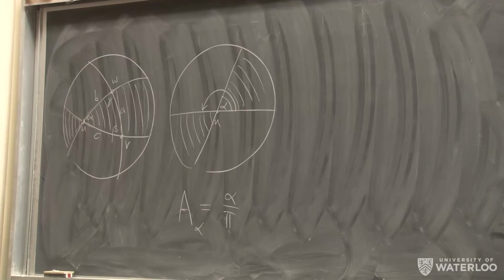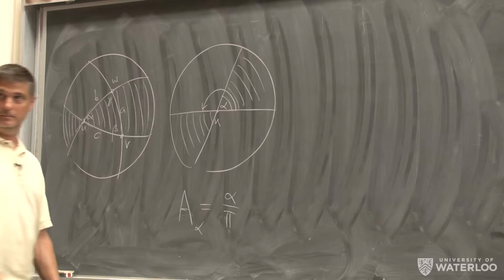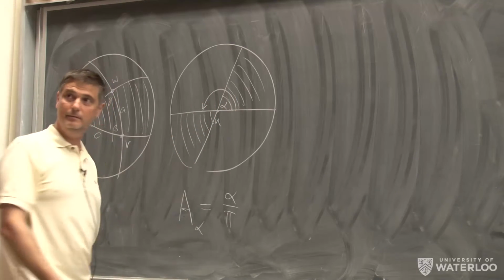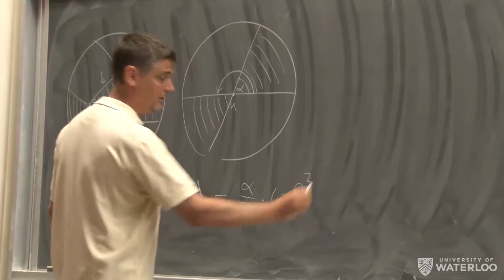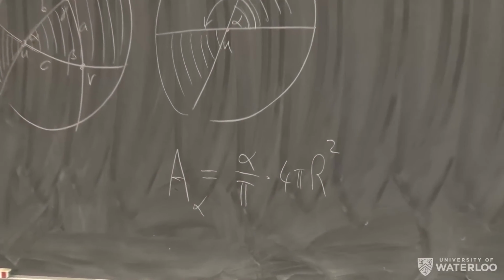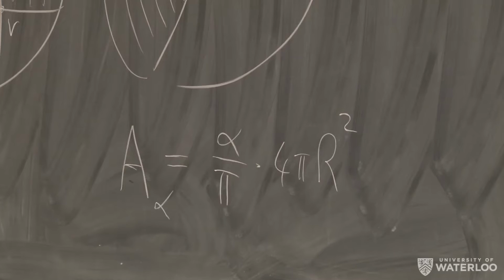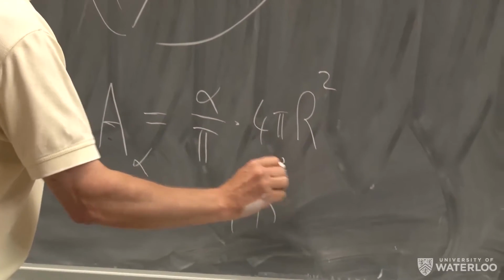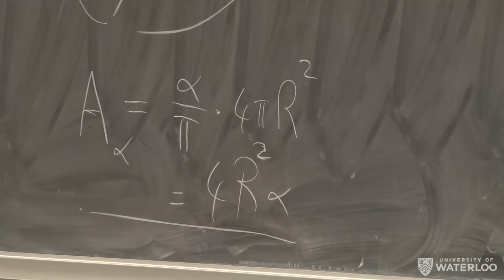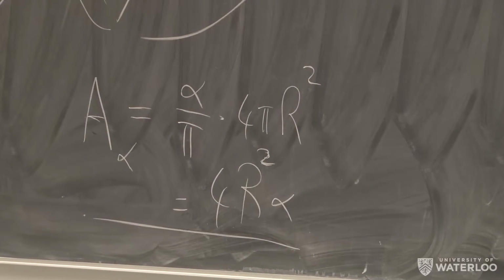Times the full surface area. Okay, it's alpha over pi multiplied by the full surface area of the sphere, right, which you can see from that picture. And the pi's cancel, giving this formula for r squared alpha. So we've got a formula for one alpha wedge.